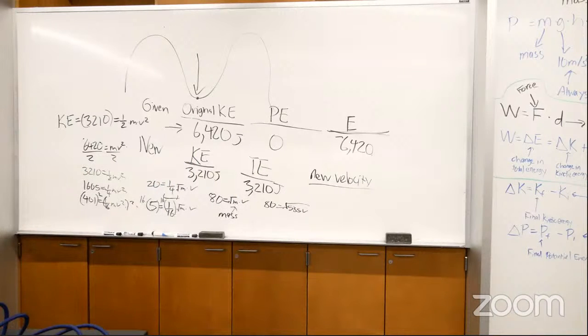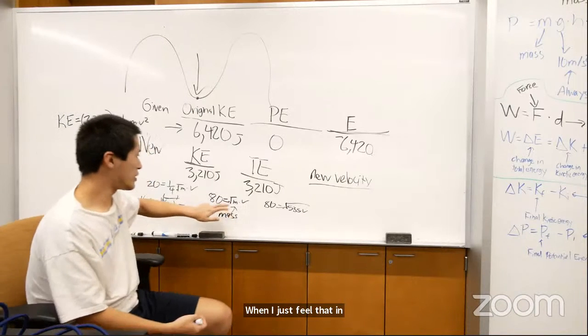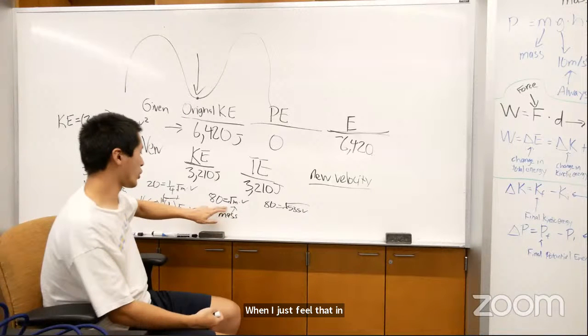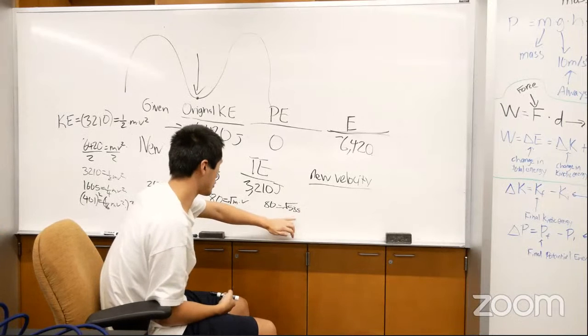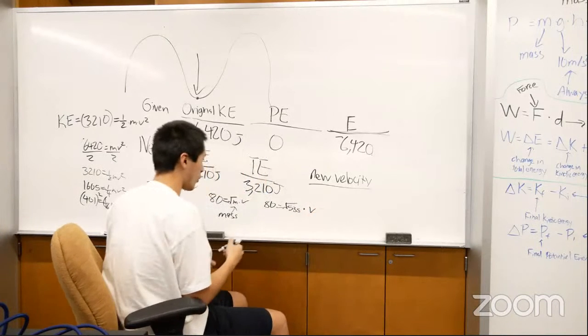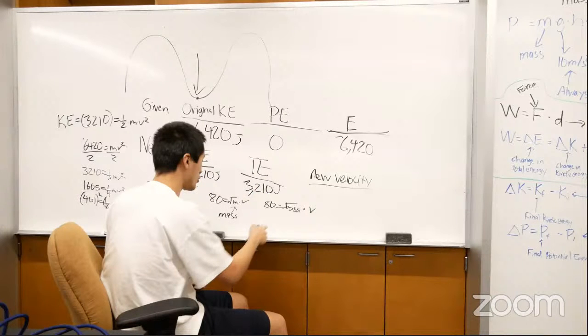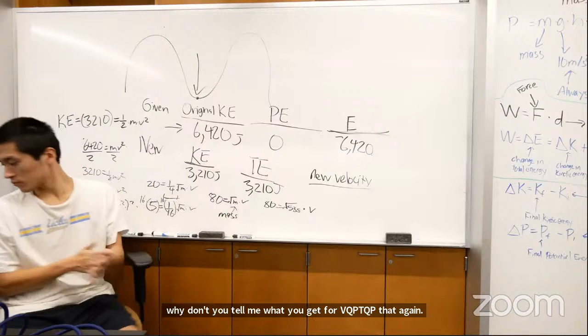Can you repeat that again? So here's what happened. I took the mass you gave me and put it into the square root of m. So now what I have is 80 is equal to the square root of 535 times v. So why don't you try to simplify this and tell me what you get for v?